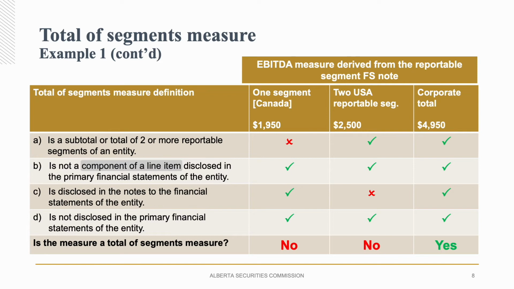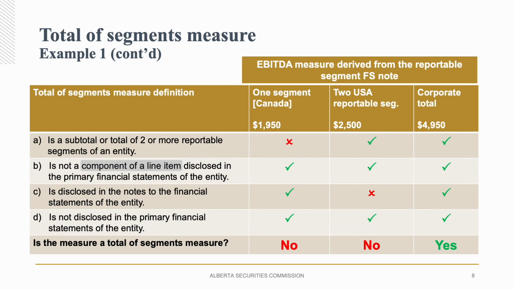The answer is no. EBITDA is not a component of a financial statement line item. It is made up of net income adjusted by multiple financial statement line items. In order to be a component, the measure has to be a component of one individual financial statement line item, similar to the example provided on slide 6, which is the disaggregation of revenues.